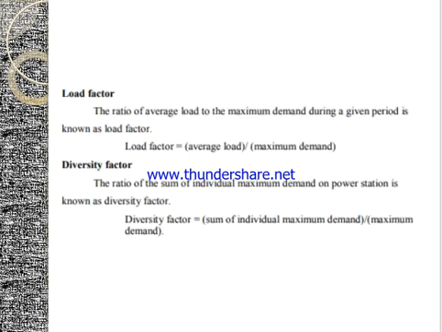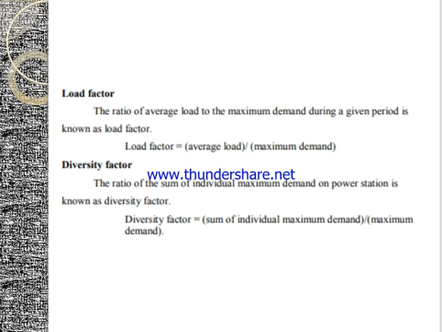Load factor is the ratio of average load to the maximum demand during a given period, and this is a basic measure of the electricity consumption of the consumers. And diversity factor is the ratio of the sum of the individual maximum demands to the maximum demand on the power station.